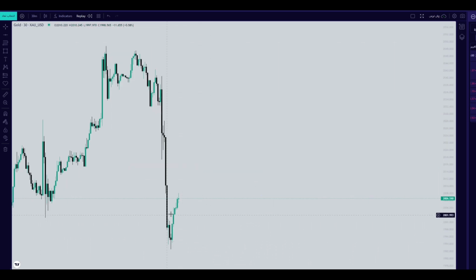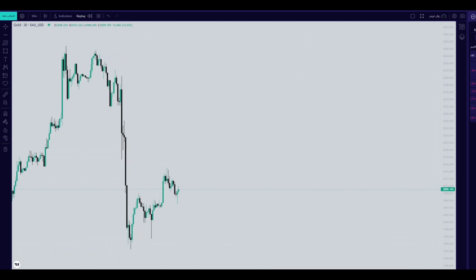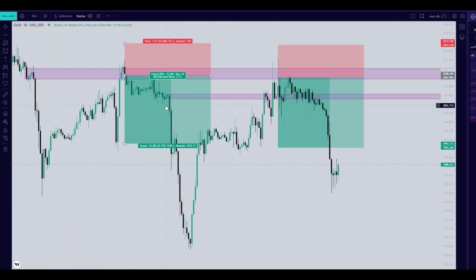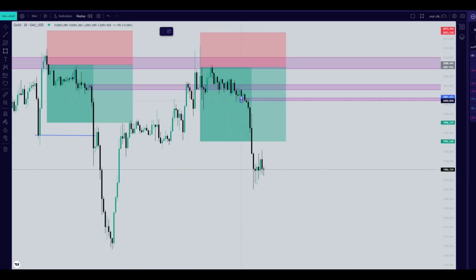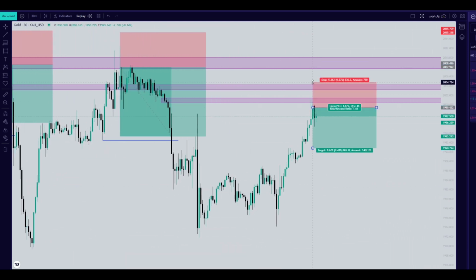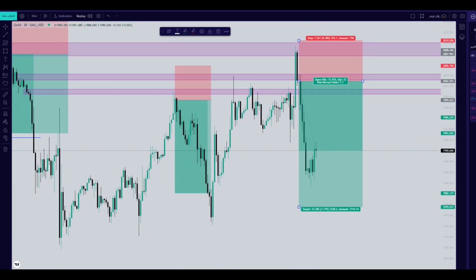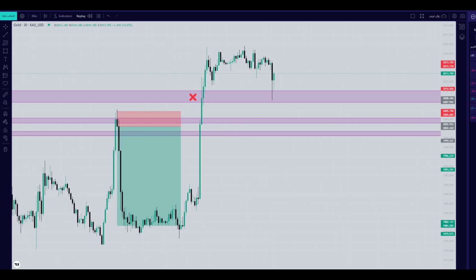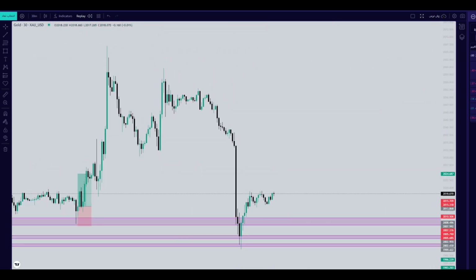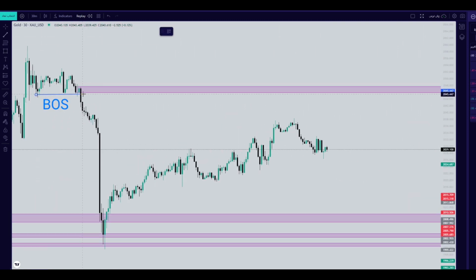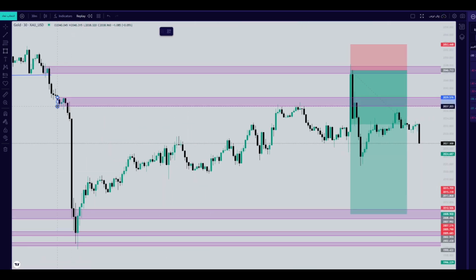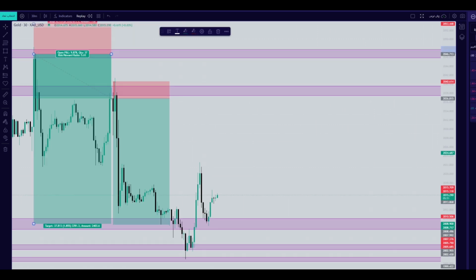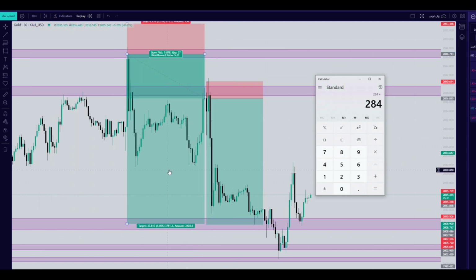Let's do some backtesting with this strategy of using order blocks. I'll use the calculator to find out how much profit we made in these few trades.